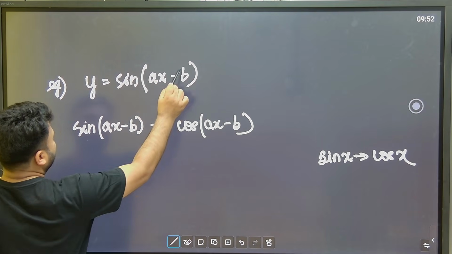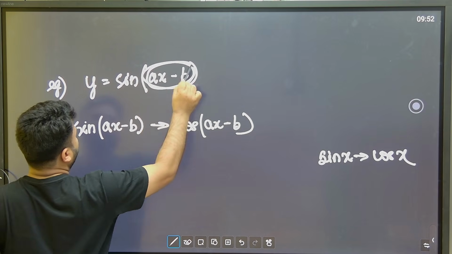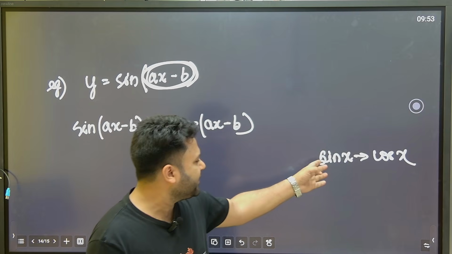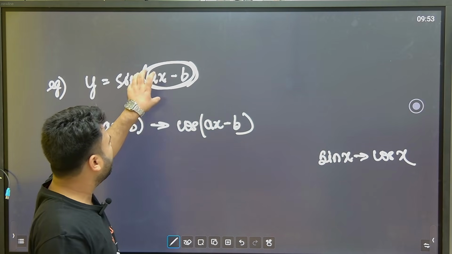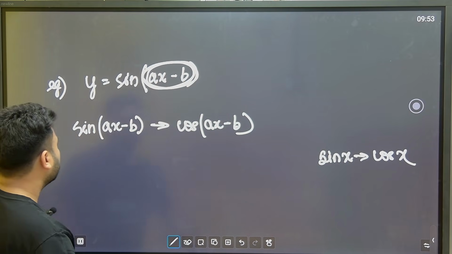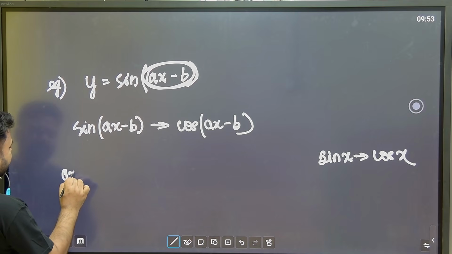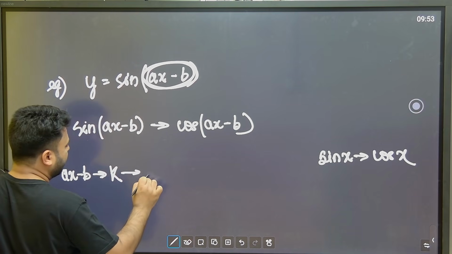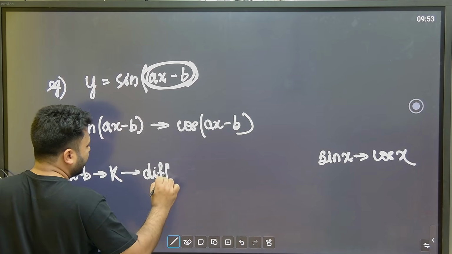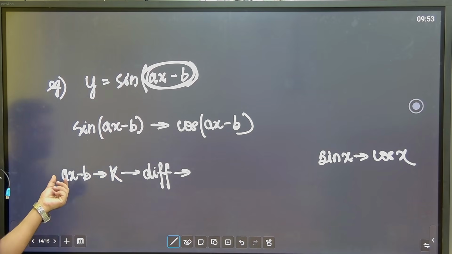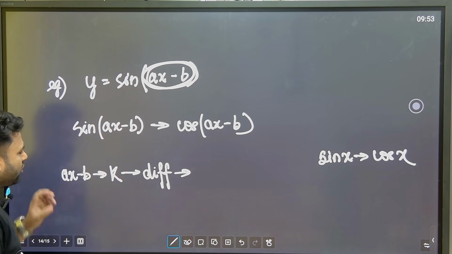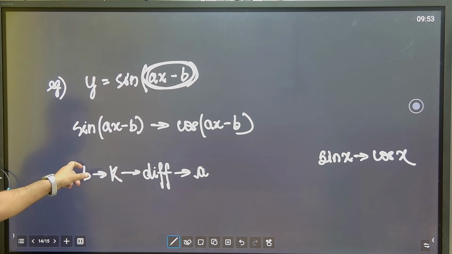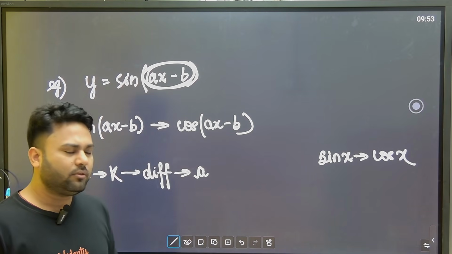But I told you this is the spoiler. Why is this the spoiler? Because the formula is not direct. It is not like sin x. It is sine of something, of the kachra. So this ax minus b is our kachra. What do we do with kachra? We differentiate kachra. Ax differentiation will be what? A is constant, so a, minus b differentiation will be 0.